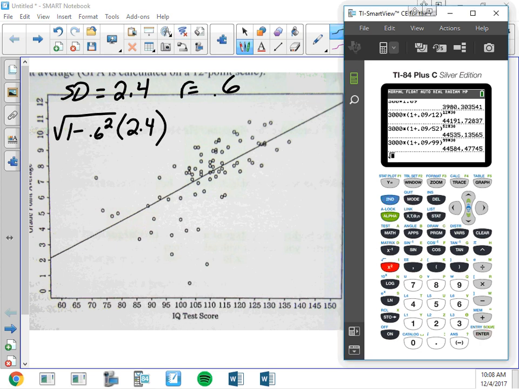So the square root of 1 minus 0.6 squared times... So it's probably actually 0.5, huh?